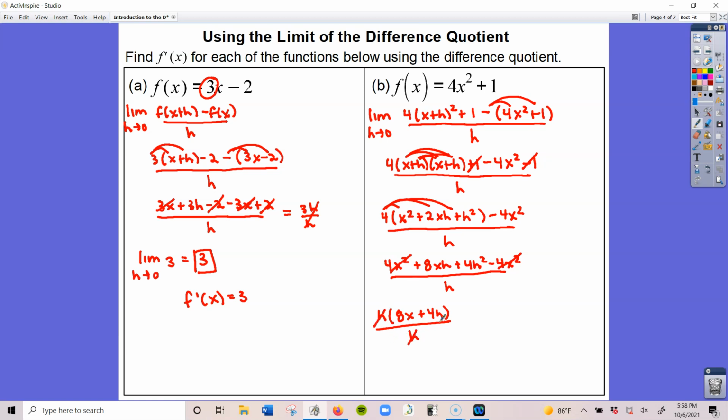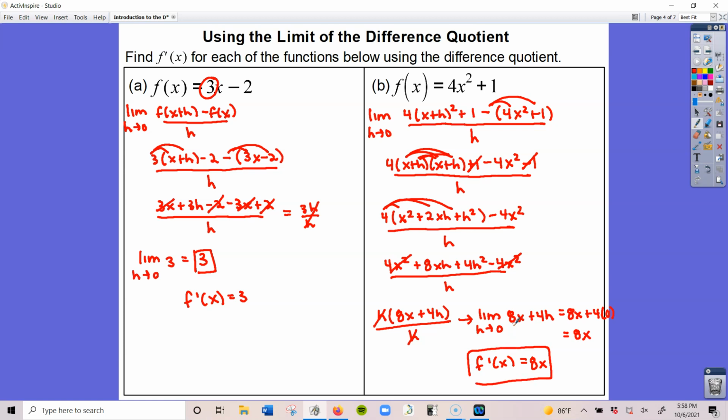My h's cancel. This is my simplified function, so now I'm looking for the limit as h approaches 0 of 8x plus 4h. If I plug in h is 0, that would give me 8x plus 4 times 0, which is 8x. So my derivative, f prime of x, is going to equal 8x.